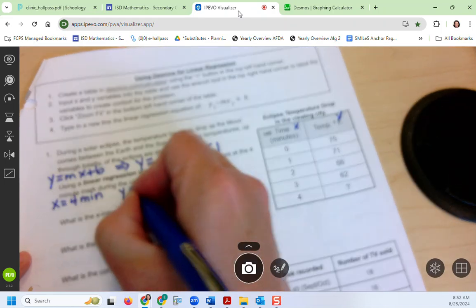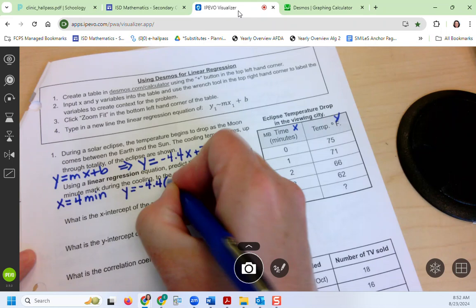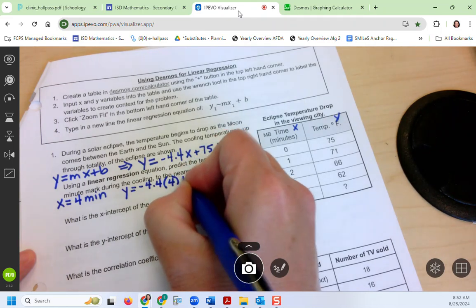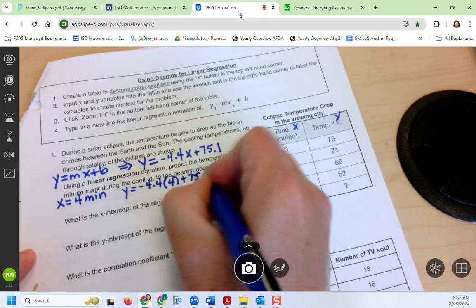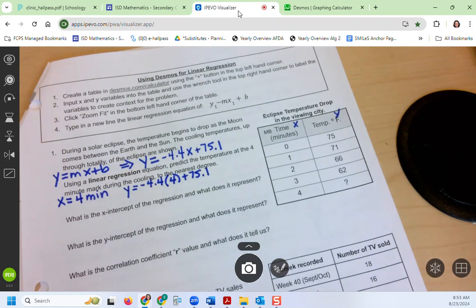Y equals negative 4.4 times 4 plus 75.1. And now you can use Desmos to calculate this. Don't put the y equals when you calculate it. Just start with negative 4.4 times 4 plus 75.1.